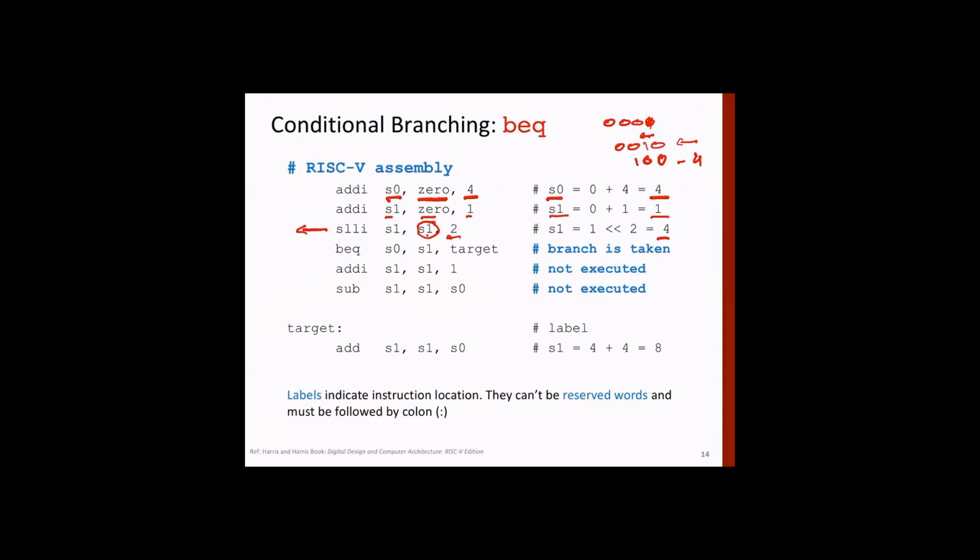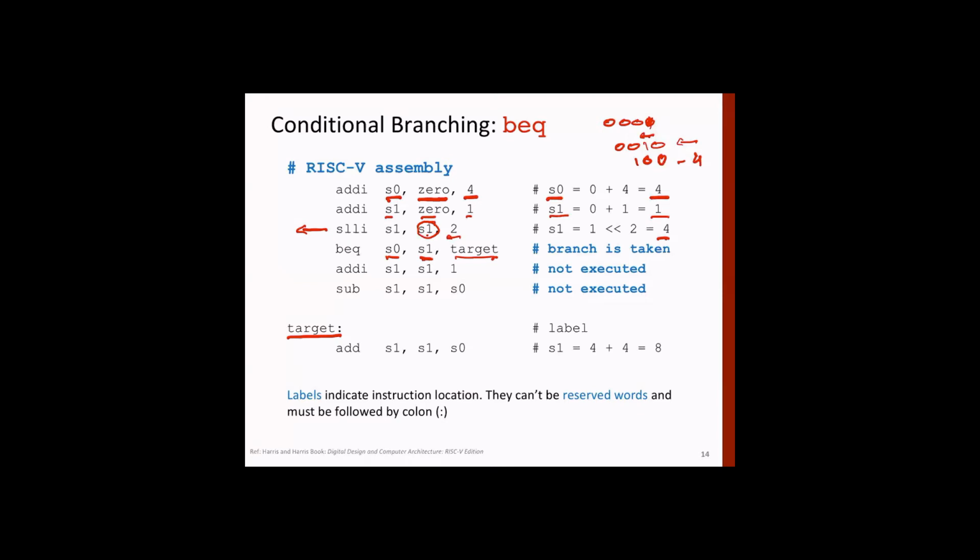Now what are we doing next? If S0 is equal to S1, then jump to target. What is S0? S0 is 4. And what is the value of S1 after left shift? It has become 4. So this is branch on equal. If these two are equal, then jump to target. What is target? We have defined a label target in the assembly language program, right?